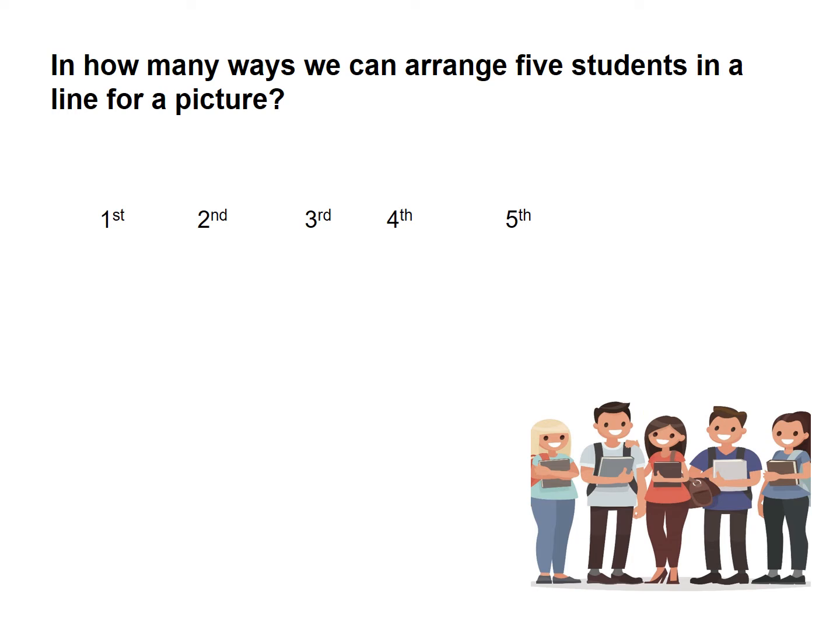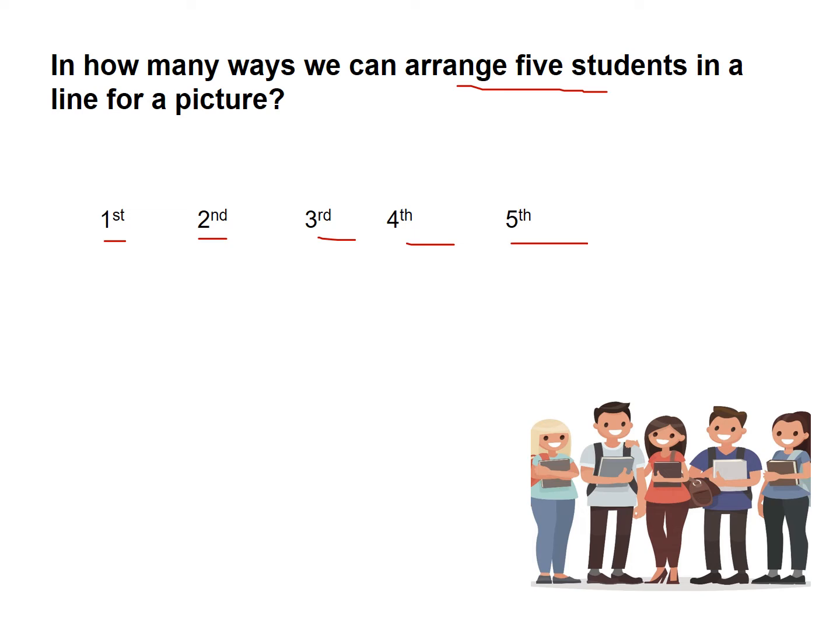First part of the example: in how many ways can we arrange 5 students in a line for a picture? The total number of students is 5 and we have to arrange them in a line for a picture. So there are total 5 positions: first, second, third, fourth and fifth.